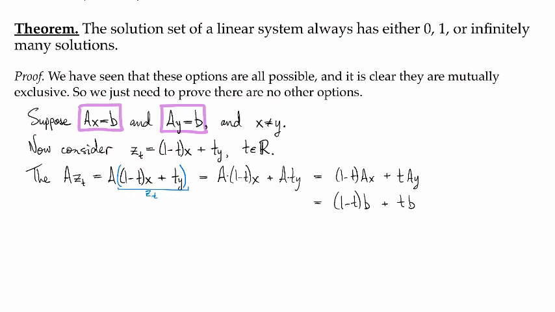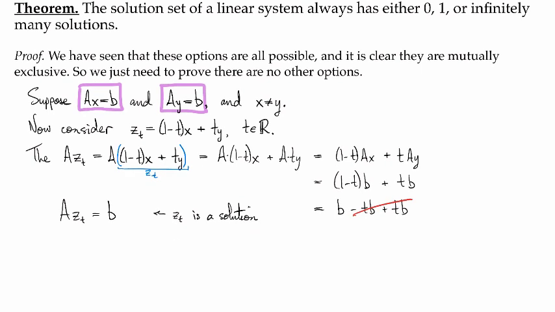And if I count up the b's that I have here, then I have 1 of them minus t of them plus t of them, and those cancel. And so reading from the very most left to the very most right, I see that z sub t is also a solution. And it doesn't matter what t I chose. And since there's infinitely many t's, then there's infinitely many solutions.